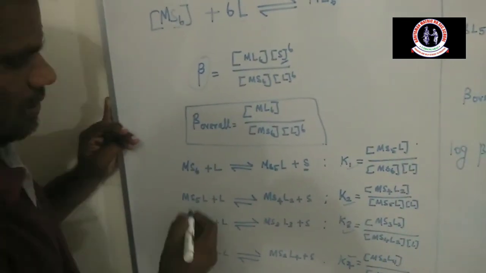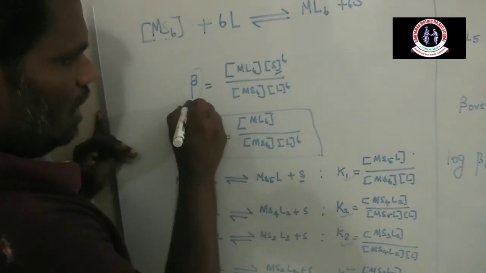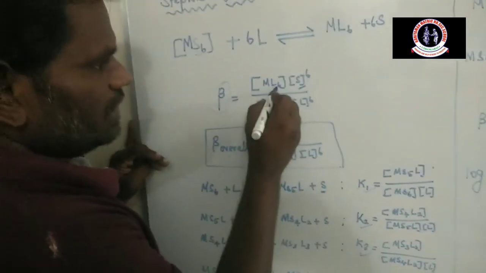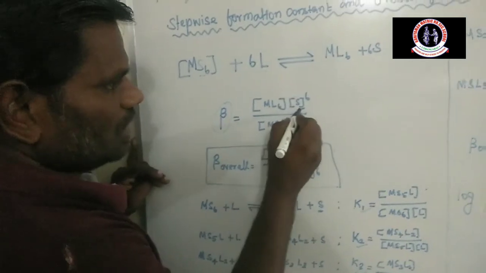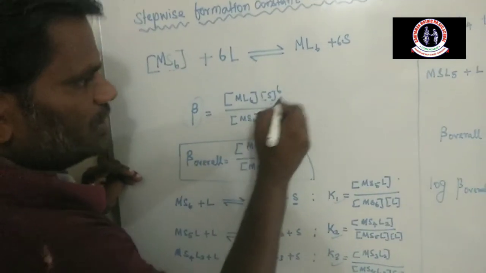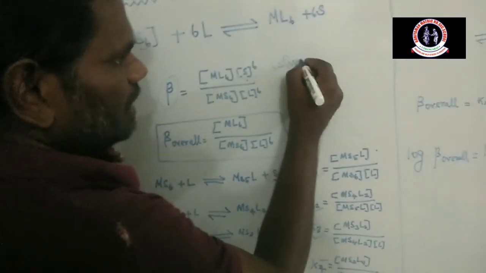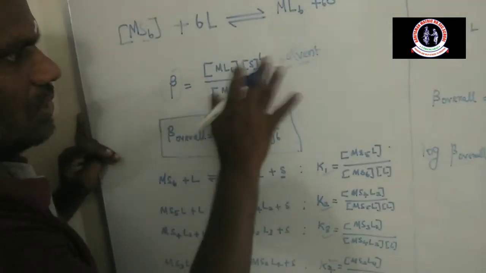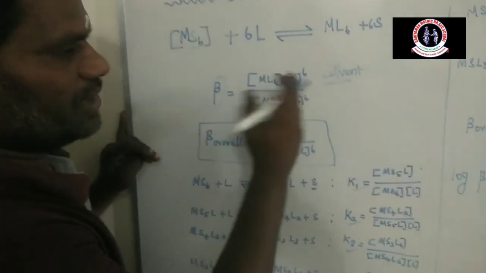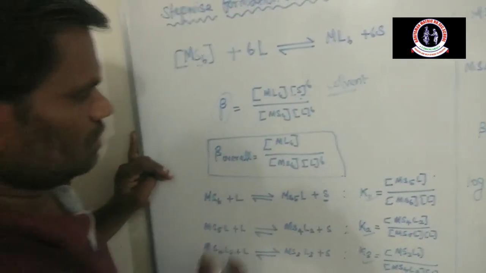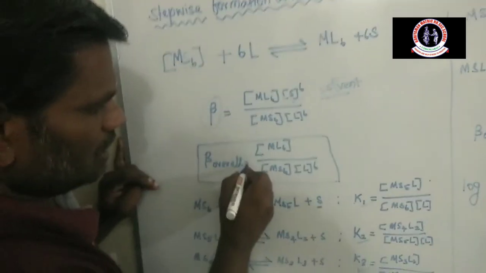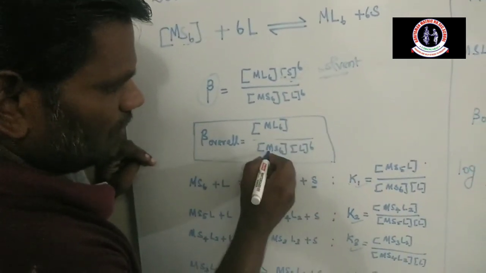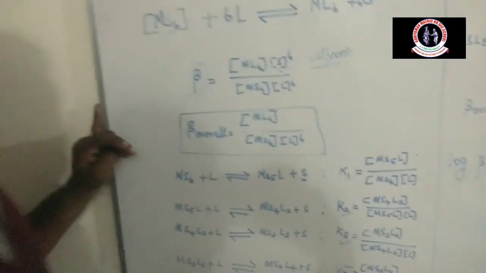Finally the overall formation constant beta is equal to ML6 into S6. Here S means solvent, so the solvent is not written, as it is in excess and can be removed. So beta overall is equal to ML6 by the concentration of MS6 into L6.